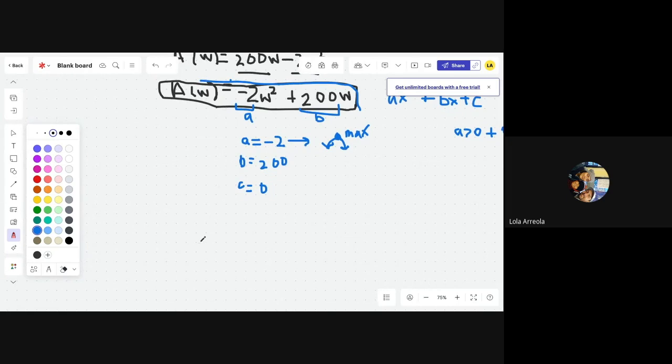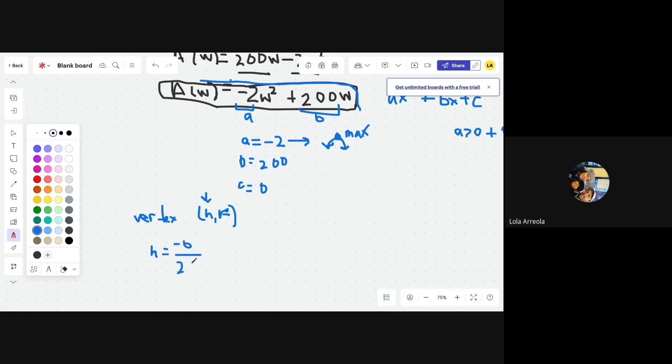So how do I, for any quadratic, solve for the vertex? I solve for the vertex, and we denote it, or we name it HK, okay? So first we solve for H, and the equation for H is negative B over 2A.